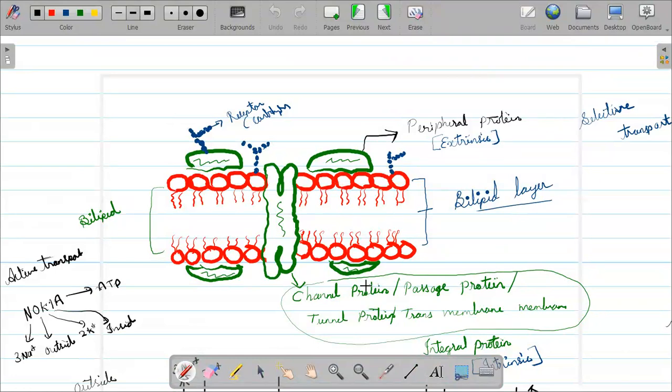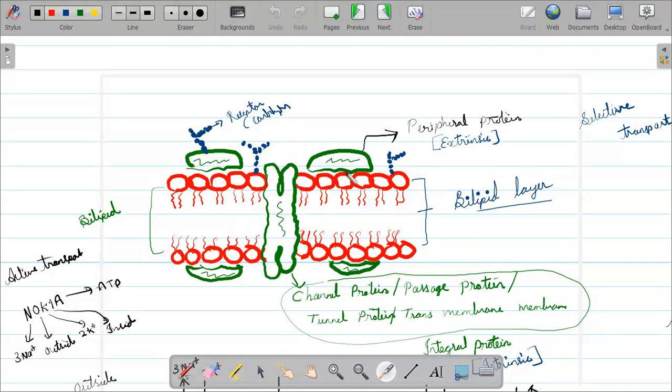Imagine that if the lipid molecules are so tight that they're not able to adjust with this, then how will the membrane move? Only when the lipid layer is free enough and liquid in nature can the membrane do its activity. When they become stubborn, the door cannot be opened, because the channel protein has a door, called the selective channel pore.